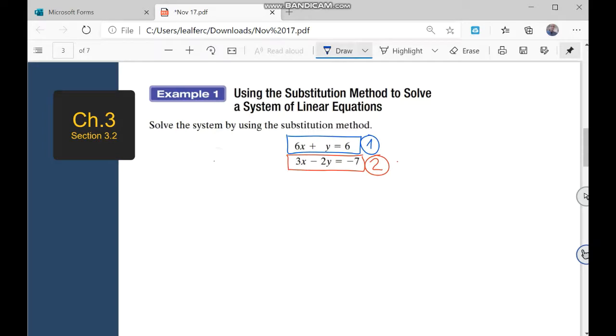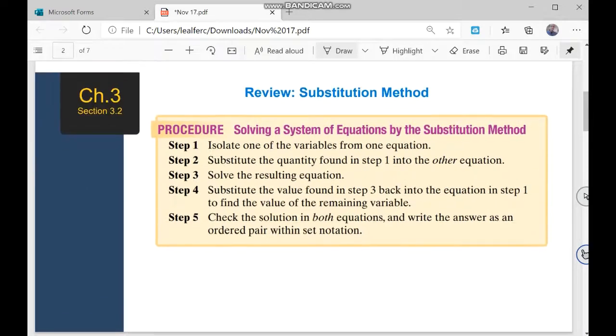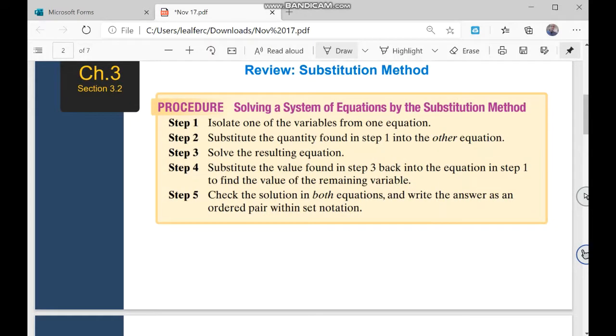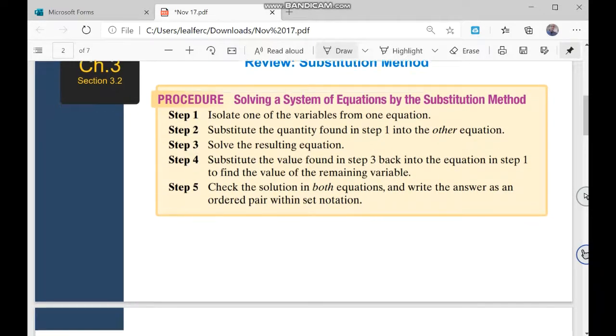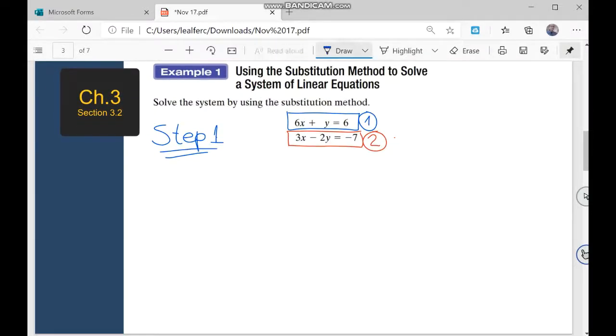For equation number 1, we will apply step 1. What is step 1? Remember from yesterday? Let's read the procedure here. Step 1: isolate one of the variables from one equation. I'm going to choose to isolate y. The equation is 6x plus y equals 6.